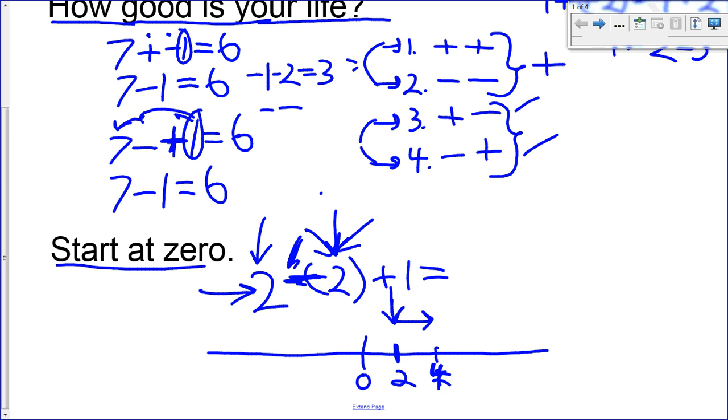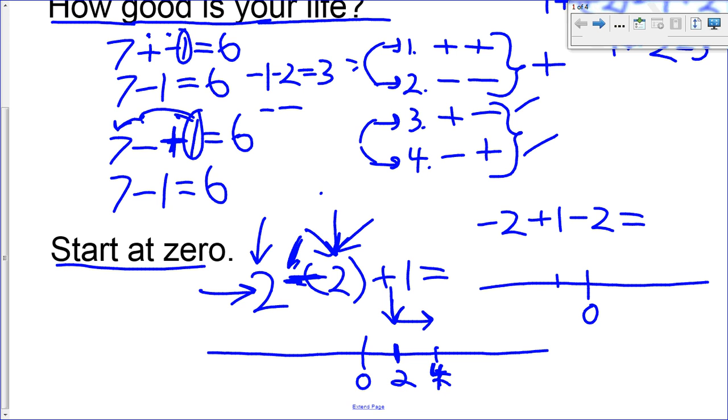So what if the equation started off with -2 and plus 1 minus 2, something of that nature? Well, same thing. We always begin our thinking at 0. So 0 minus 2, we just wind up at -2. If you'll notice, basically, that's just the first number is where you start. If it's a -2, you start at -2.